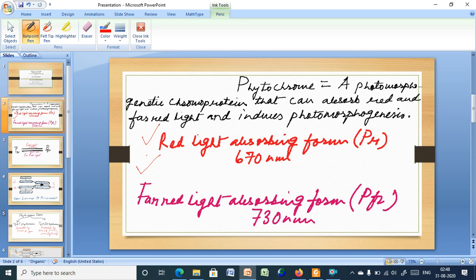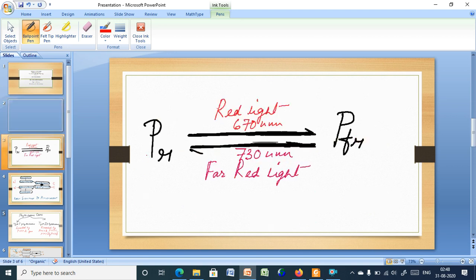Now, if we consider the PFR form, it absorbs at a peak of 730 nanometer, is green in color, and it is the active form, which is responsible for the photomorphogenetic responses. When the PFR form absorbs far red light, it is converted into the PR form.